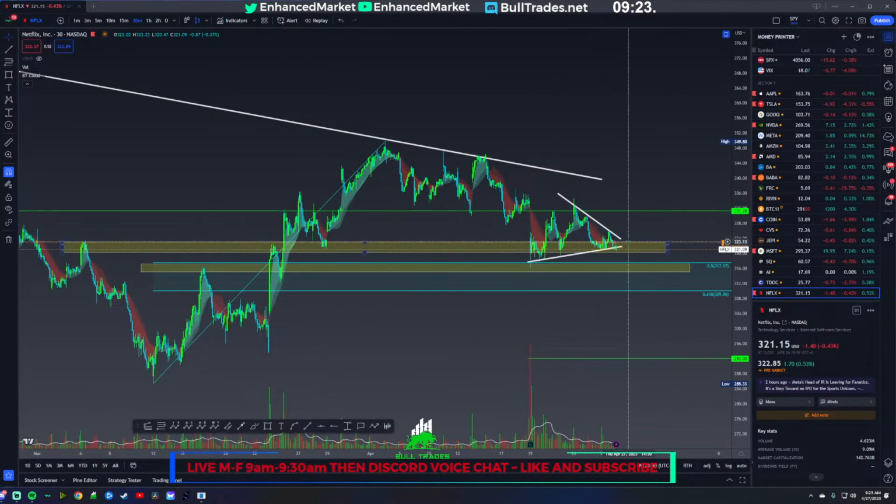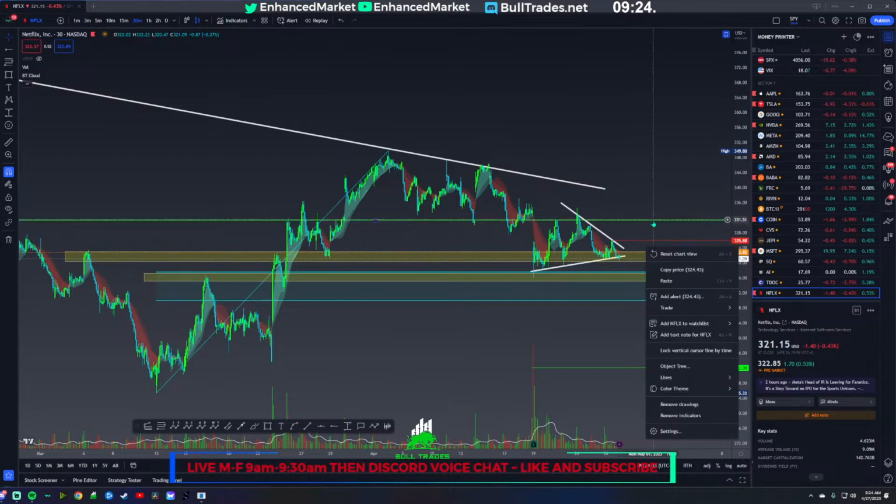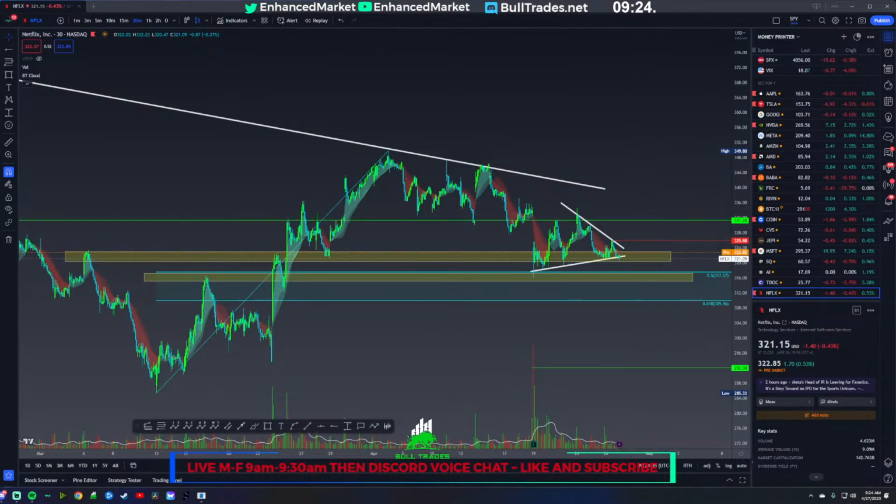So if this holds and we can break through 325.88, we should see a move to 330 plus. So risk to reward's pretty solid. Enter here, stop loss right below, price target up here. So he's playing like a bottom reversal, which always offers the best risk to reward.